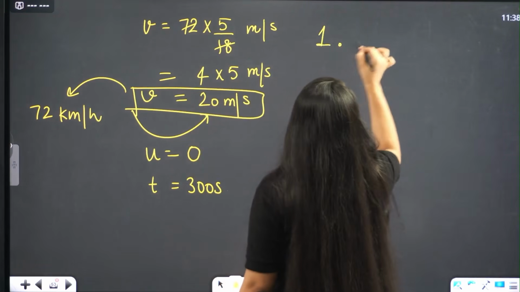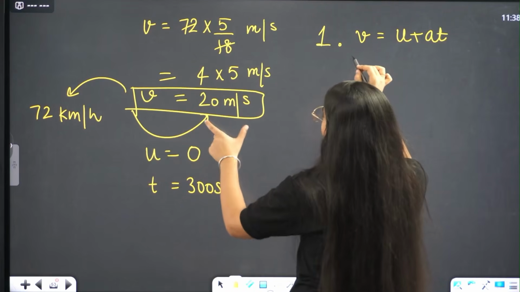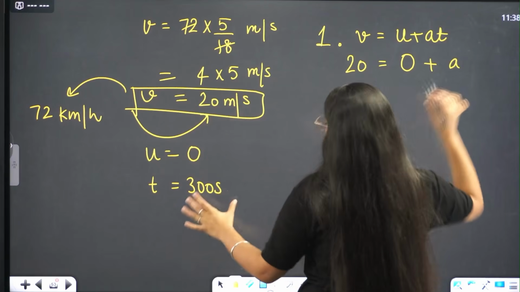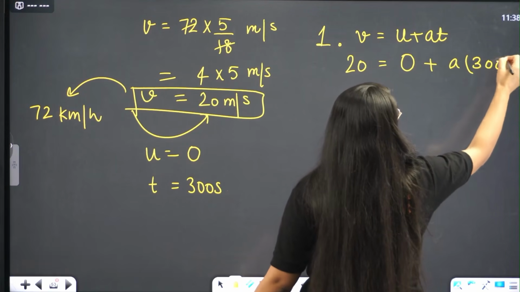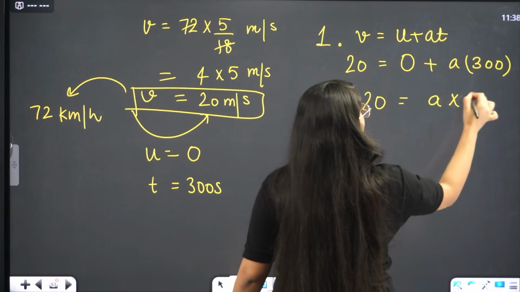I'm using the first equation of motion, V equals U plus AT. V is given as 20, U is given as 0, A I have to find, T is 300 seconds. So this cancels out, this becomes 20 equals A into 300.